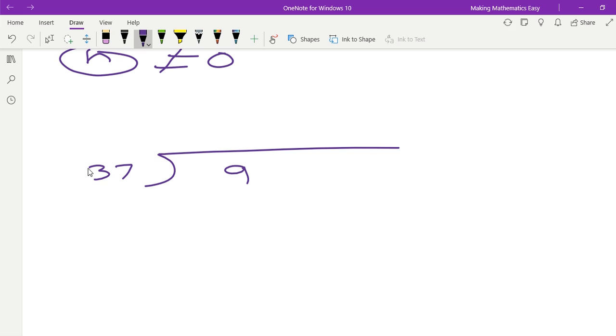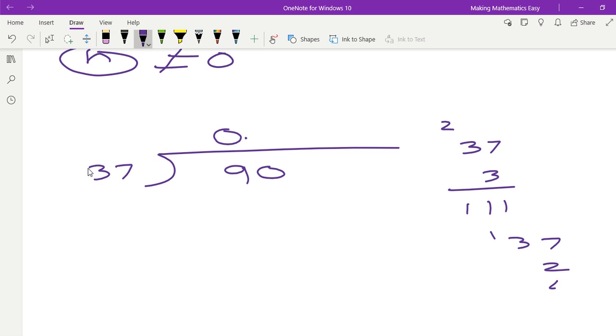The dividend is smaller than the divisor, so we take a 0 over here, put a point, and then take a 0 after this. Now we need to find where 90 lies in the 37 table, or a number less than 90. 7 3s are 21, 3 3s are 9, 10, 11. This is higher, so we need to take 2. 7 2s are 14, 3 2s are 6, 7. So this is 74.